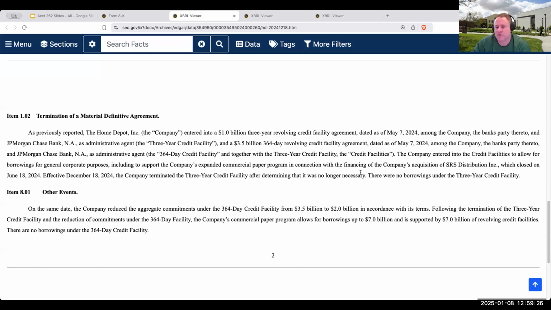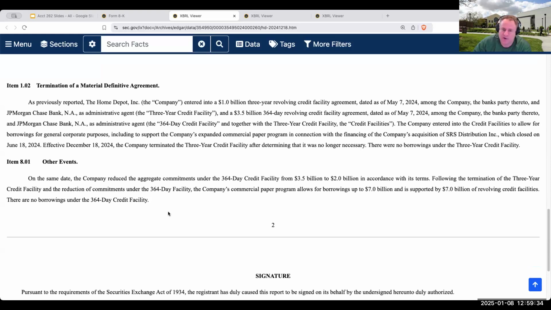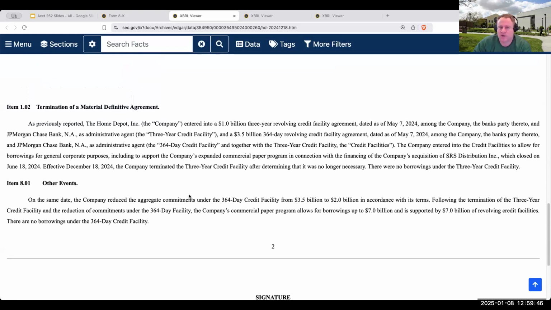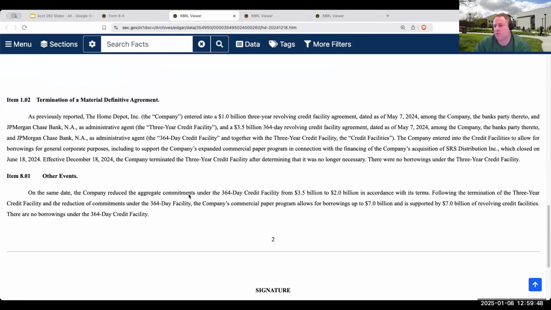So they're just telling you that this was a material agreement, and they decided to terminate it. Other events, for full and fair disclosure: the company reduced the aggregate commitments under the 364-day credit facility in accordance with its terms following the termination of the 3-year credit facility and the reduction of commitments. So again, you've got a 2 for 1 in terms of a Form 8-K.